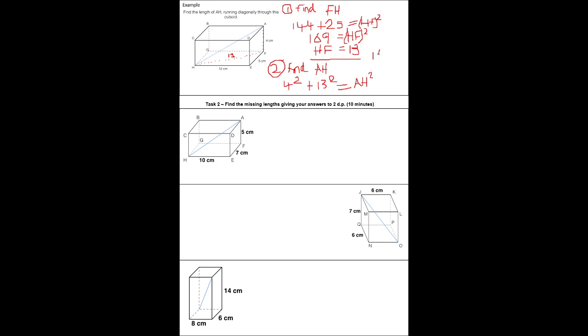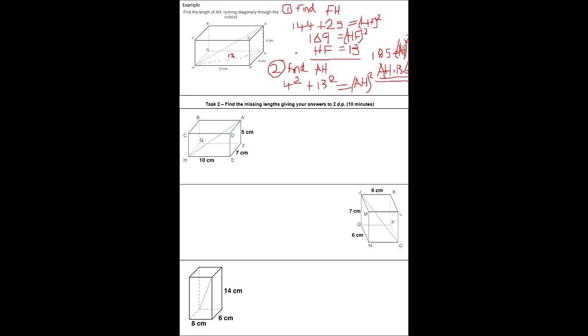So 185 equals AH squared. Don't forget that should be in brackets, shouldn't it? So we're going to do the root of 185. So AH equals the square root of 185, which is 13.60. To 1 dp we'll call it 13.6, and that'll be cm.